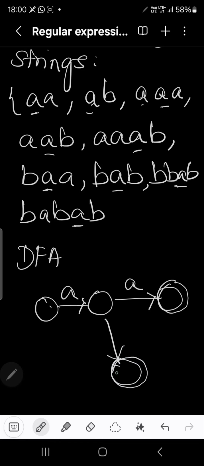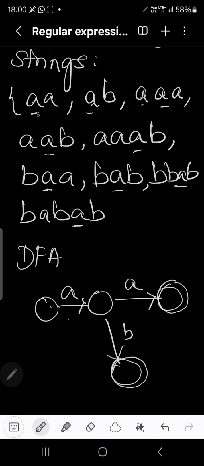So it can either end with A or with B. So both are accepting strings. The only condition is that the second character from the right should be an A. So here we are ensuring the second character from the right is an A. The last character can be either A or B. Now if we see before this, we can have either A or B.